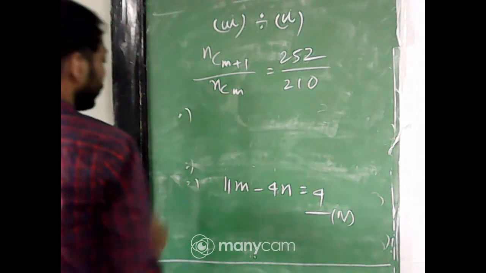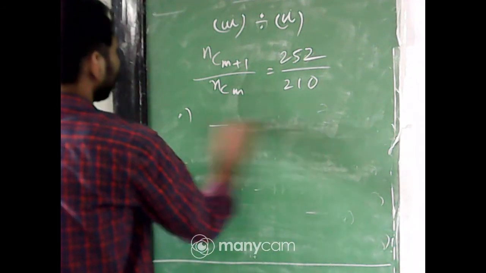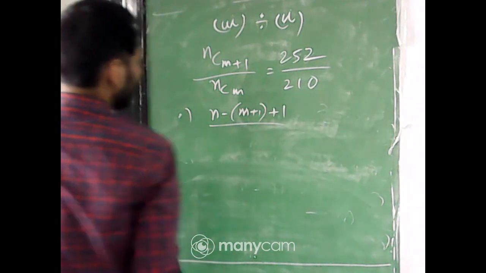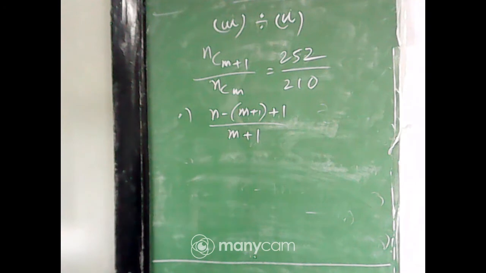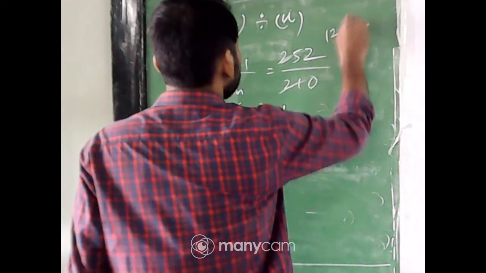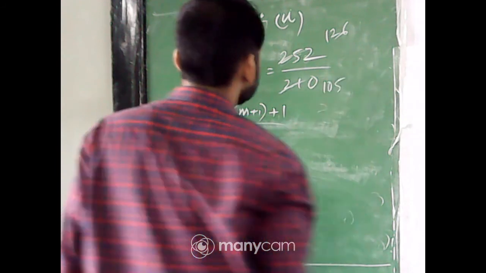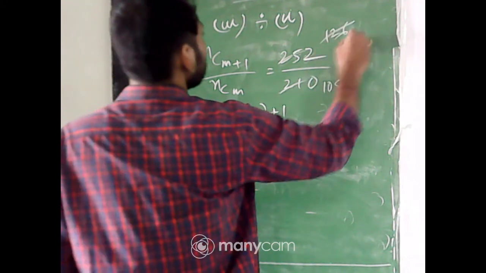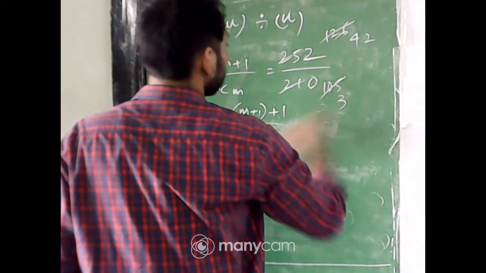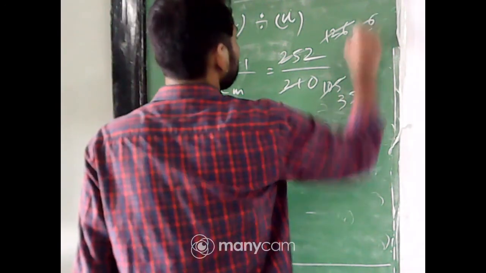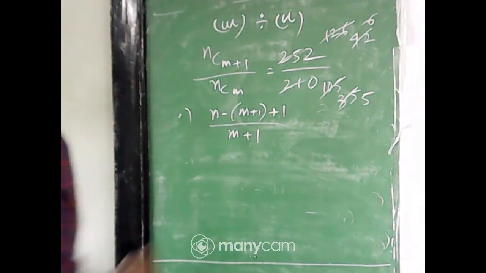That means it will be n minus within the bracket m plus 1 by m plus 1. Here instead of r there is m plus 1. It will be 126 by 105. Then cancelling by 3, it will be 42 and 35. Then cancelling by 7, it will be 6 and 5. So that is equals to 6 by 5.